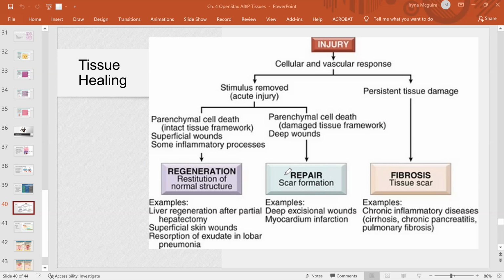So here would be the example. You have a patient with myocardial infarction. That means that muscle tissue of the heart is damaged and some cells are dead. When your heart cells, those cardiac muscle cells, are dying, they will be replaced by connective tissue.